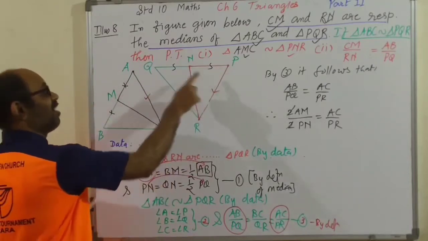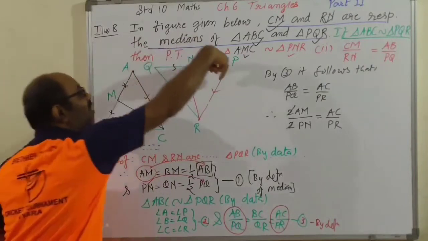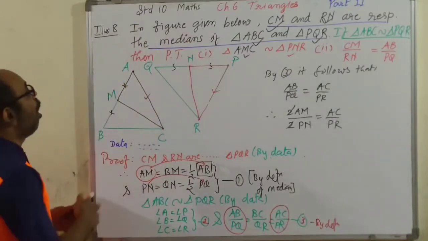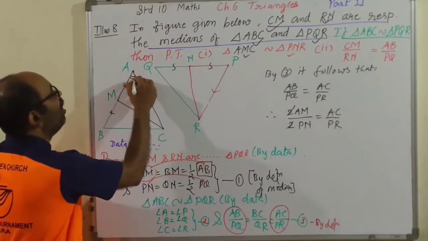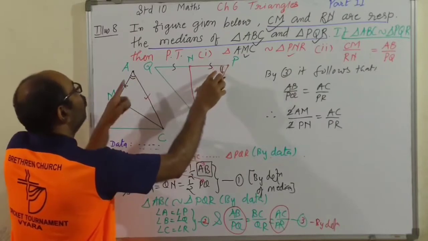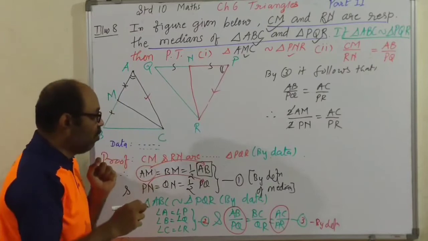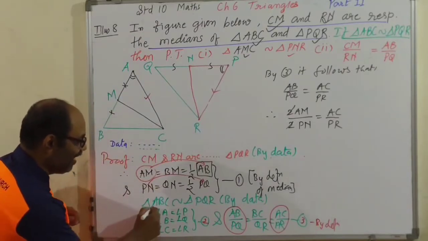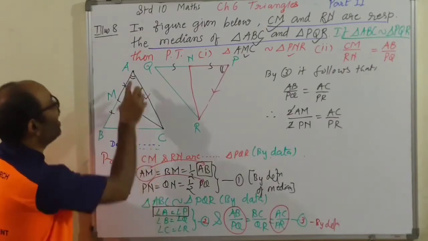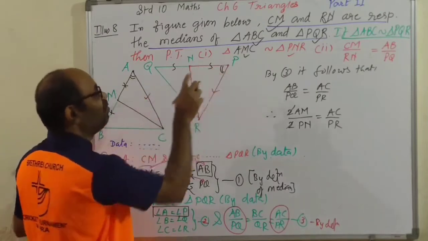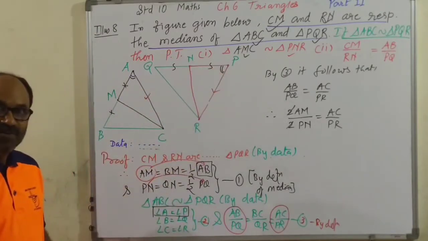So black triangle और red triangle में 2 sides are in proportion. अब ये एंगल उनके included angles हैं. They are the included angles and they are equal. Here it is, angle A is equal to angle P by result 2.